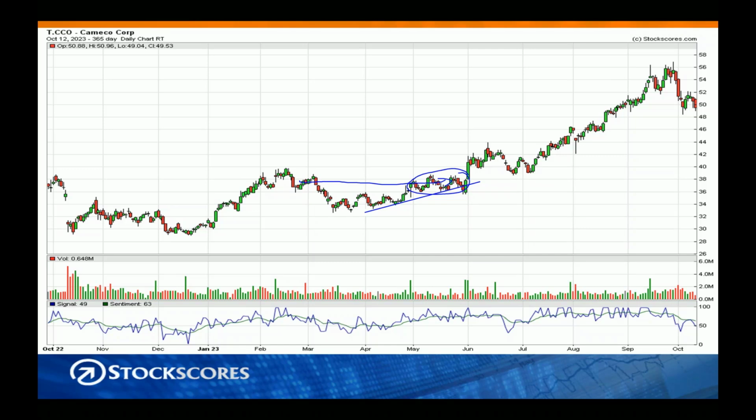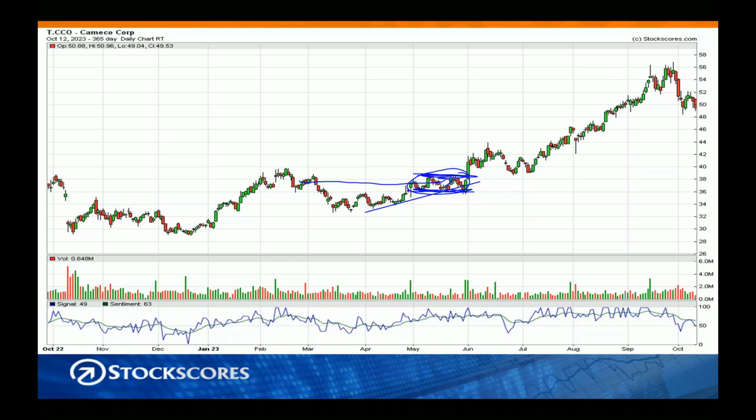Because low price volatility tells us that the buyers and sellers have come to some agreement about what the stock is worth. So you can see here through the month of May, buyers and sellers agreed that this stock, Cameco, was worth between $36 and $38 a share.